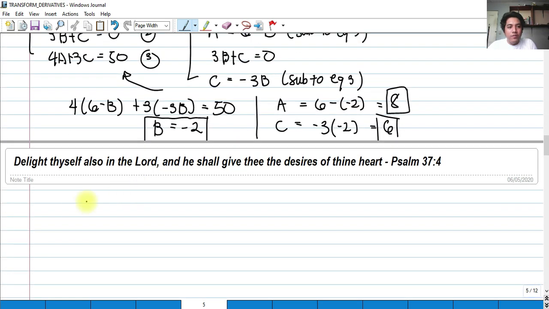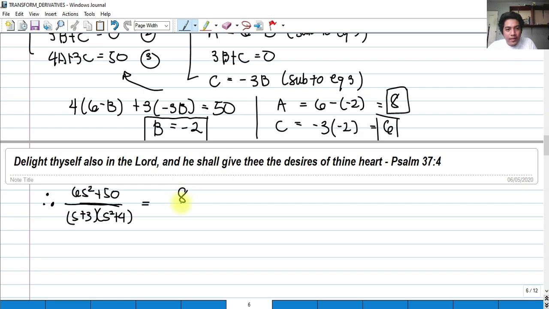Our partial fraction would now be equal to this. So we have 8 over s plus 3, because a over s plus 3. Then plus, our b is negative, so negative 2s plus c, which is plus 6, all over s squared plus 4.